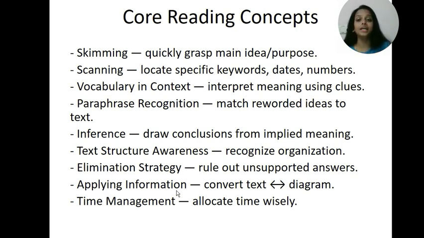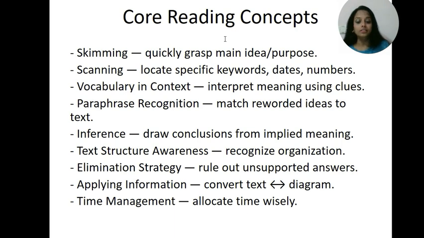Next comes applying information, like text to diagram or diagram to text. This is a skill which involves translating written directions into spatial relationships or translating what you see in a chart or map into the correct answer. It requires careful attention to relative terms like north of, directly between, or opposite.